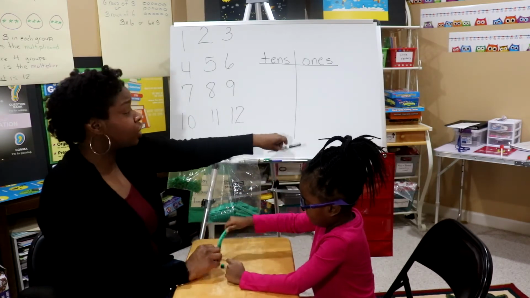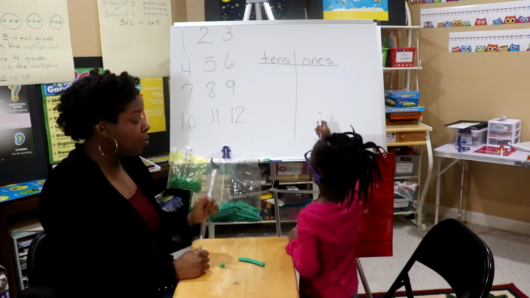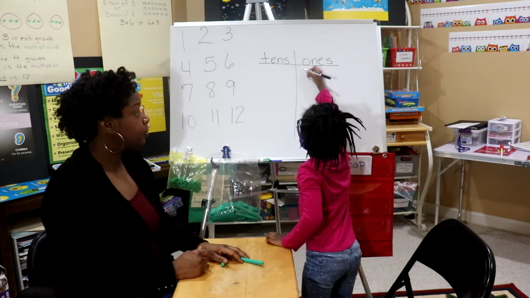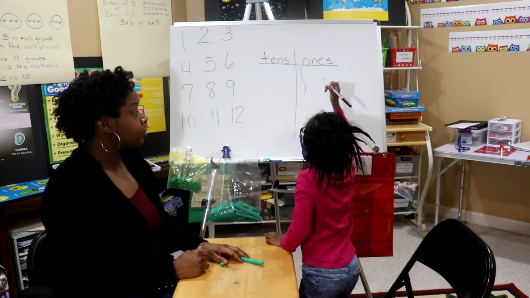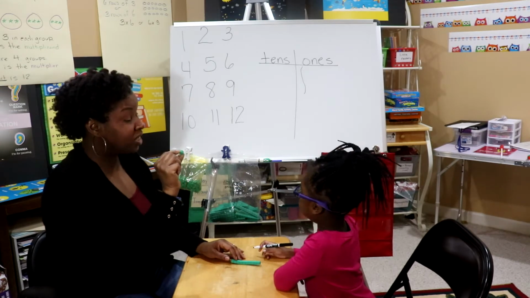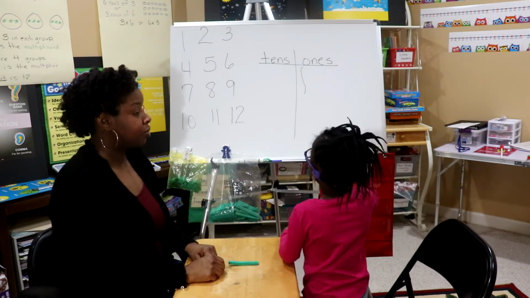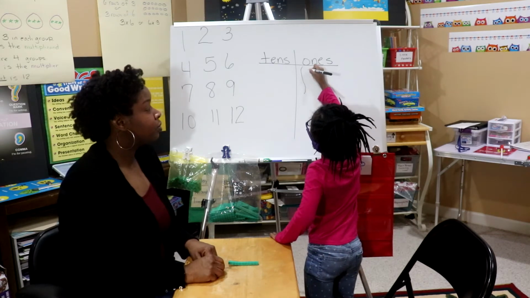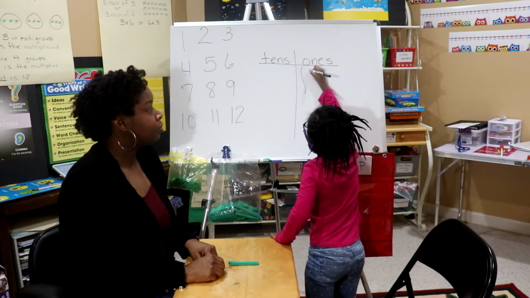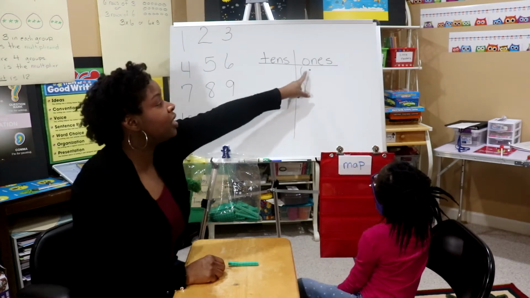So I'm going to ask you to write the number 1 on that side. Okay, now I'm going to also ask you to draw a square as a representation of a 1. Draw 1 square. Okay, so we have our 1 and our 1 square.